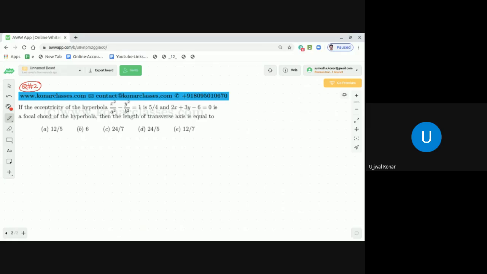Now, dear students, the length of the transverse axis means what? It is 2a. All we need to find is the value of 2a.